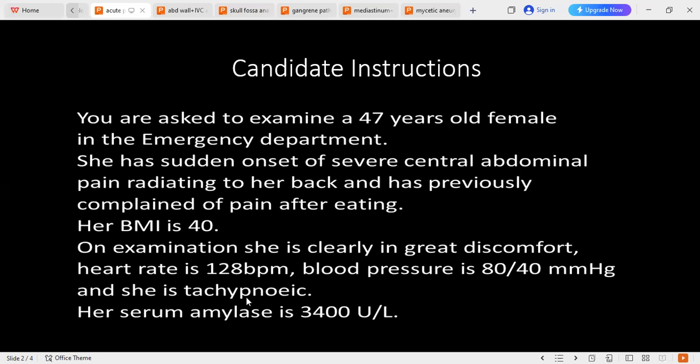Yes, I give antibiotics, according to the trust guidelines. What are the enzymes which rise in acute pancreatitis? Amylase and lipase. Very good. Which one is more conclusive and significant? Lipase.